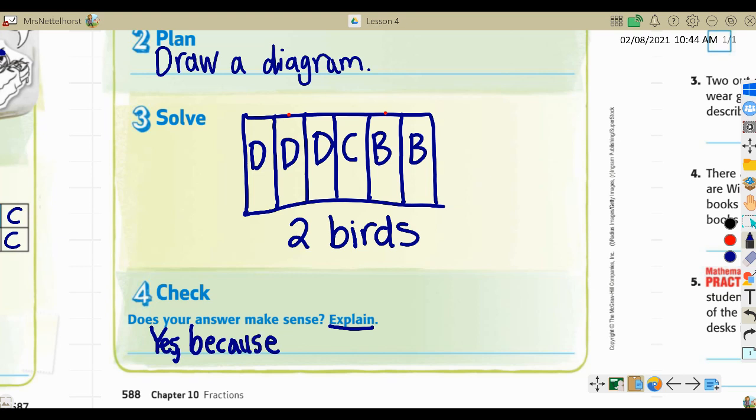Yes, there we go. Comma, because 3 plus 1 plus 2 equals 6 pets.